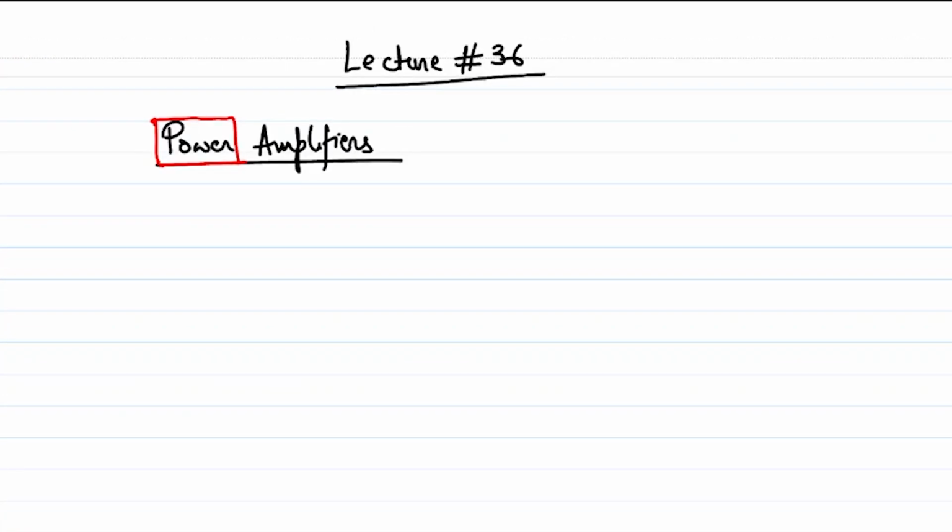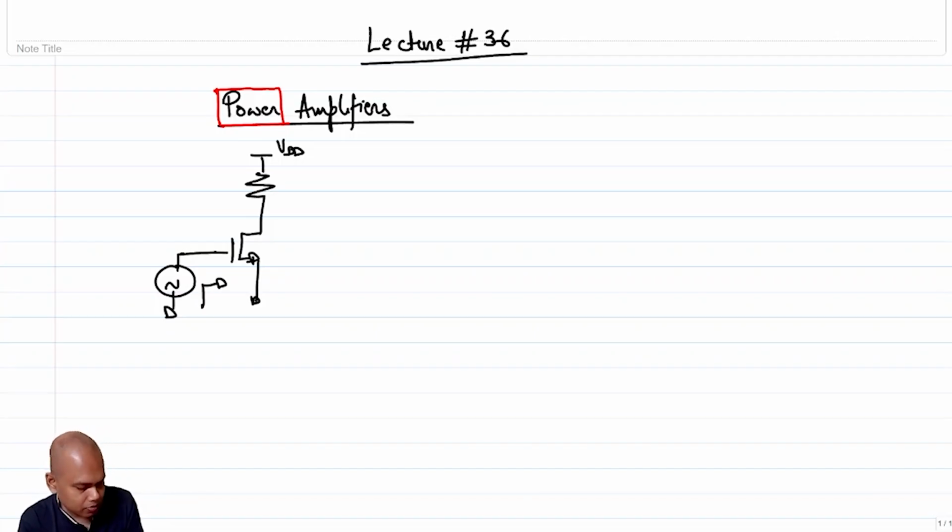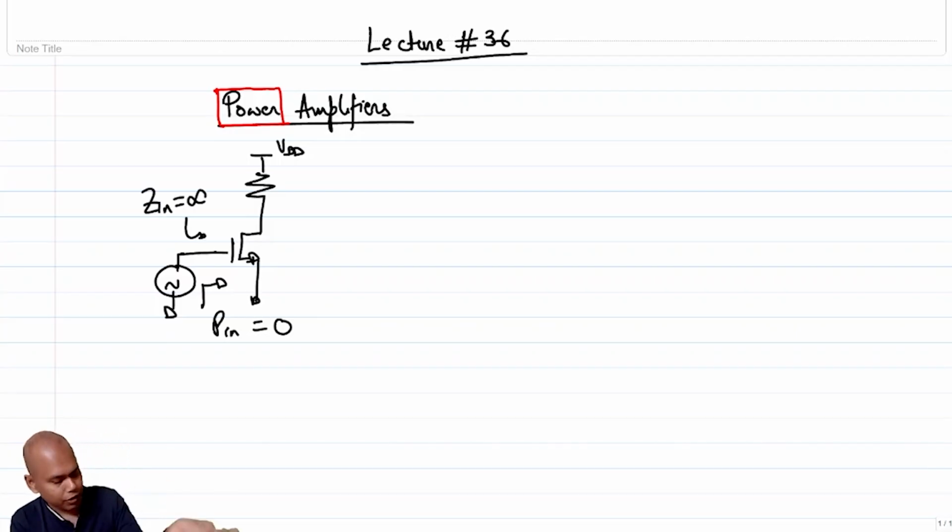To give you a trivial example, let's say you have a common source amplifier at a very low frequency, so that the input impedance is infinity. So what is the amount of power that you are drawing from the source? Power in is 0, right? Because Zin is infinity, at very low frequency, that is true.